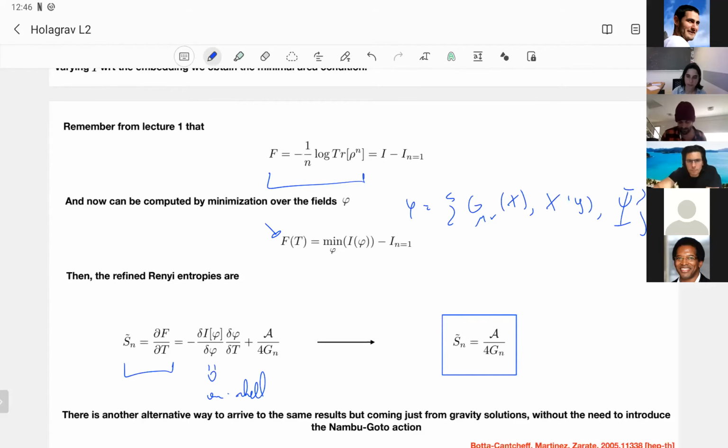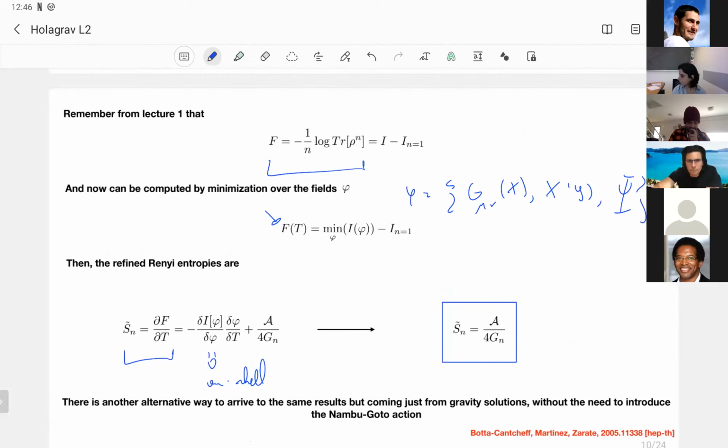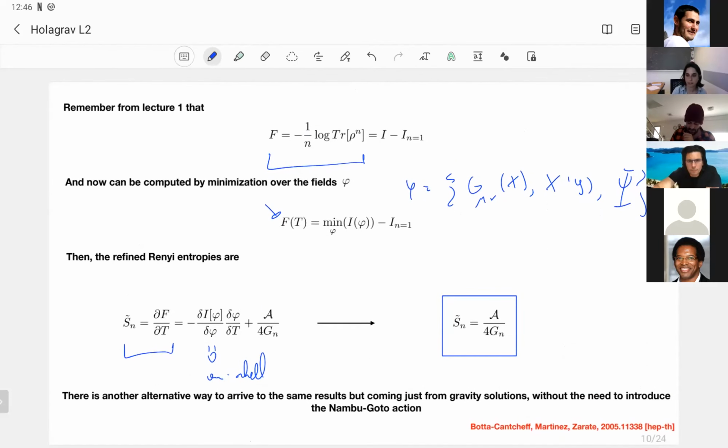This is obtained in a different way. There is a third way, by this gentleman that Peter mentioned, where you can obtain the same results and you don't need to go away from general relativity, from gravity. Now what we did is go a bit away: we have the action of a brane plus the action of gravity, of Einstein-Hilbert.